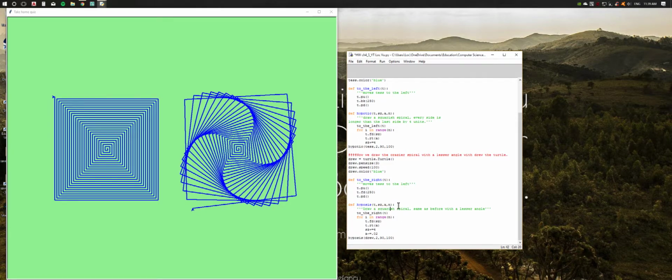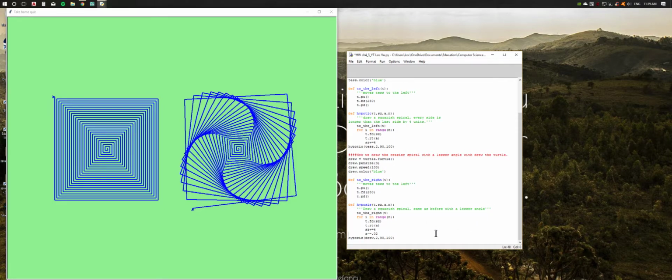so hypnosis has the exact same number of parameters for the exact same categories or variables, right? The turtle, the size of the sides, A for turn angle, and N for the number of times this will loop around in my for loop. Alright? So it says here, this is doing the same thing, the square spiral, but with a lesser angle.